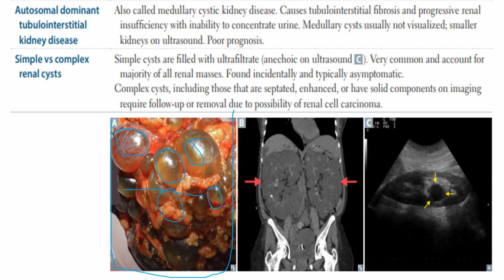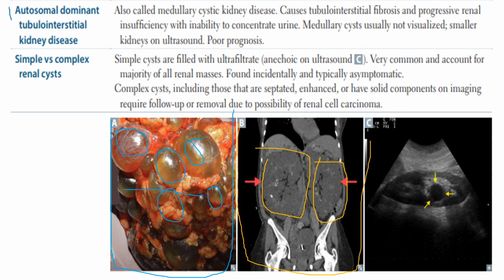In this image, you can see cystic dilation of collecting ducts, as it's shown in autosomal recessive polycystic kidney disease.